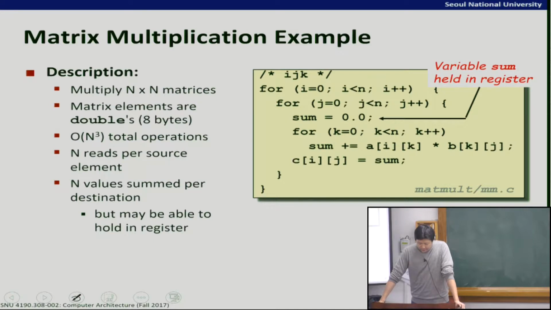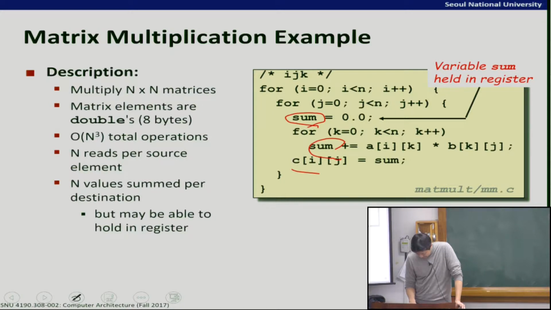So here's a simple matrix multiply example. This one is a nested loop with ijk. It is very simple, right? Because this one initializes the value of sum here, and then we calculate the innermost loop to add the sum up, and then finally we write the value to C of ij. If you actually draw it, it'll look like this.